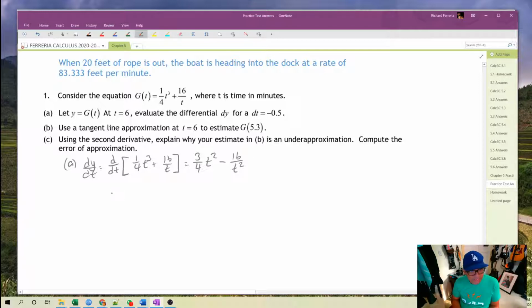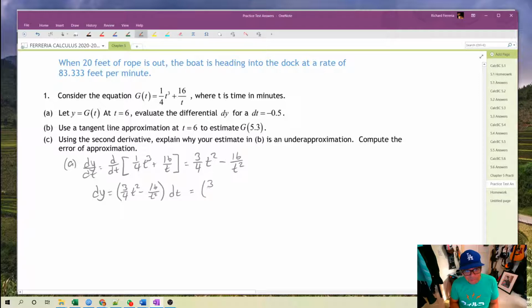So let's simplify that a little bit more. That means dy is equal to 3/4 t squared minus 16 on t squared, multiplied by dt. So we're multiplying that dt across to the other side here. Next, we can just substitute our values of t and dt.